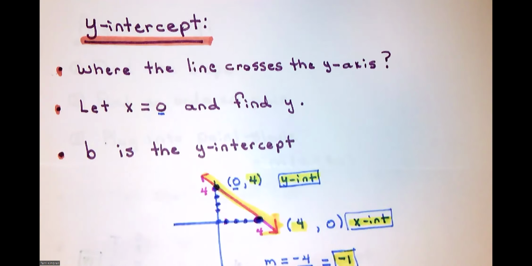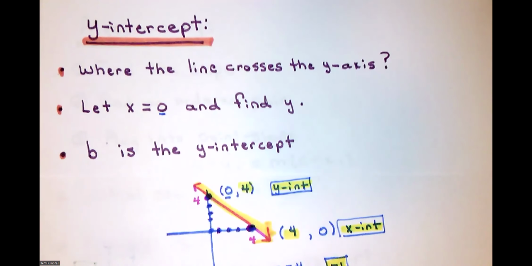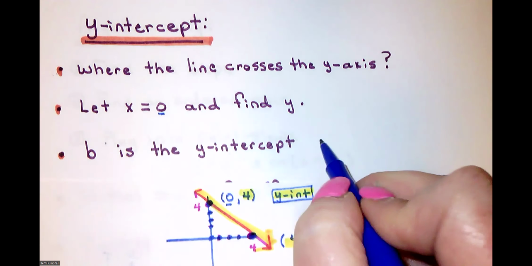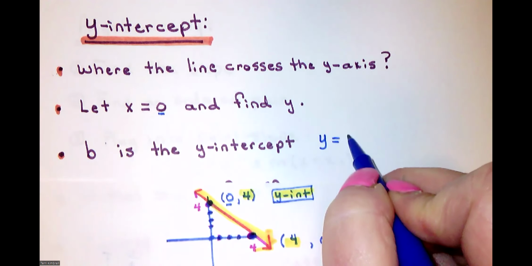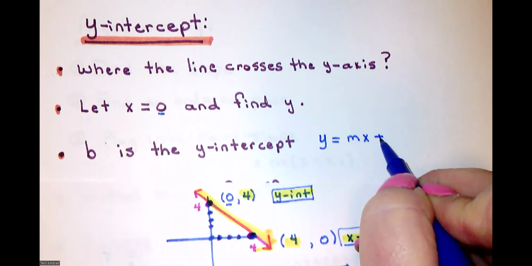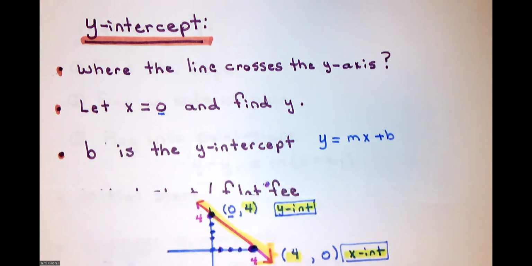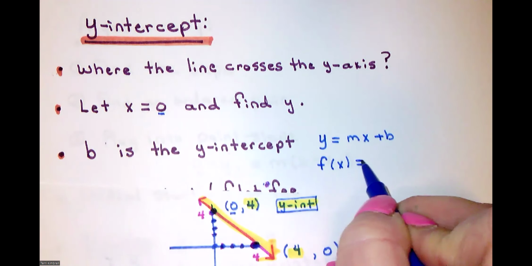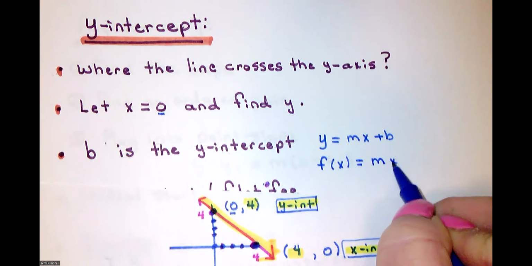Okay. Another thing about your y-intercept is if you have an equation, the b is the y-intercept. So what we were discussing a while ago is the slope-intercept equation, and it could have f of x in place of y.